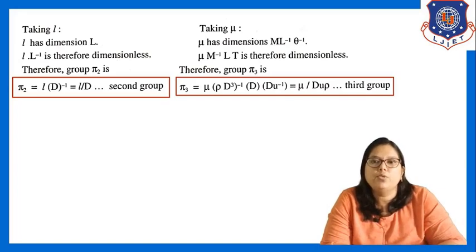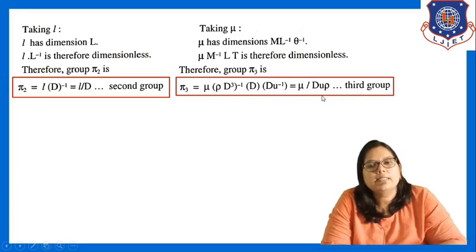So mu into M minus 1 L1 theta 1. Putting these in the form of variables, mu, rho D cube raised to minus 1, D raised to 1 and D U minus 1. By combining you get the form mu upon D U rho. When you put the units, it is dimensionless. So this is my third group.